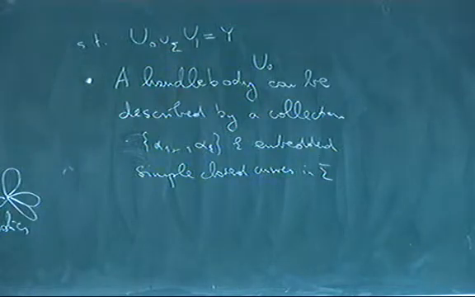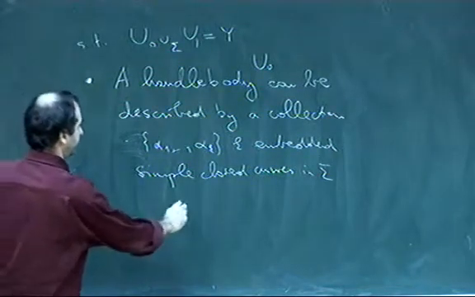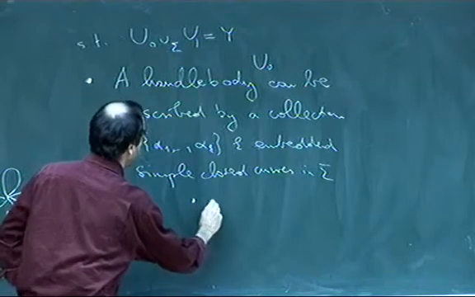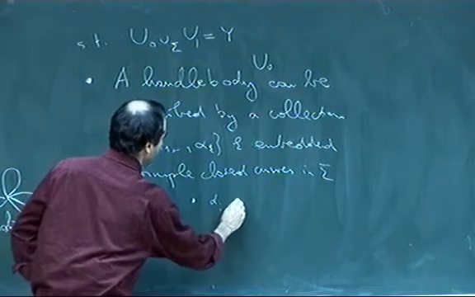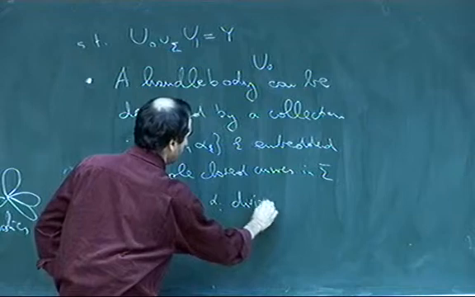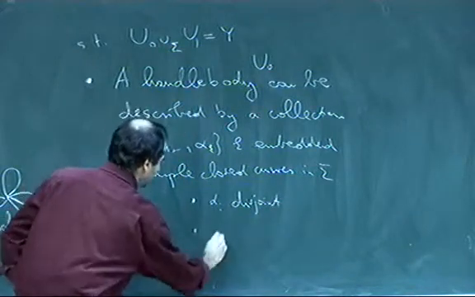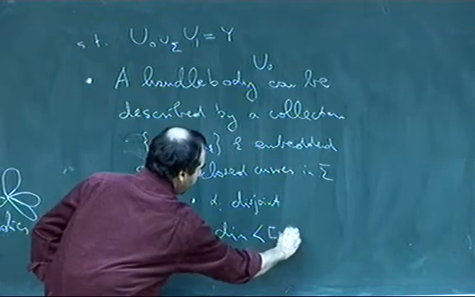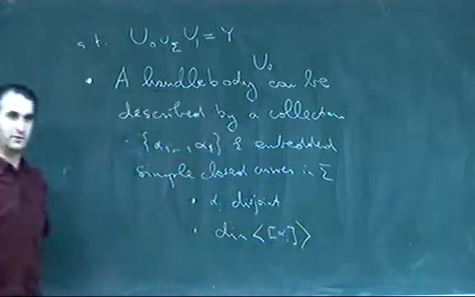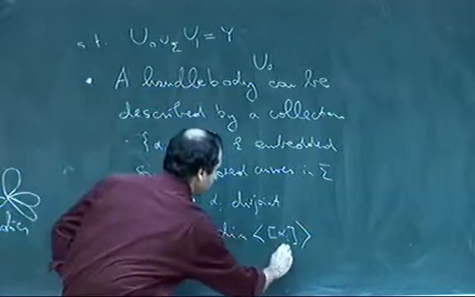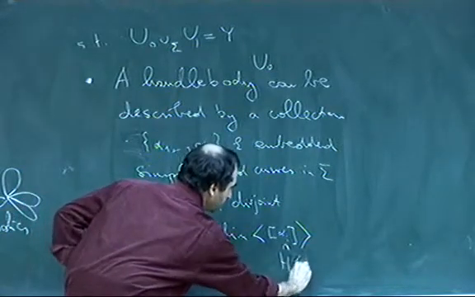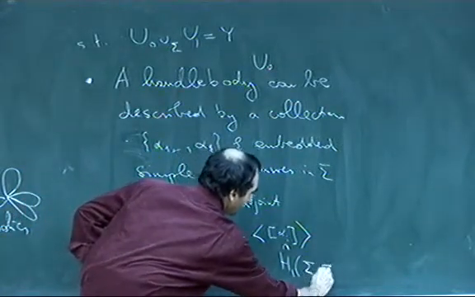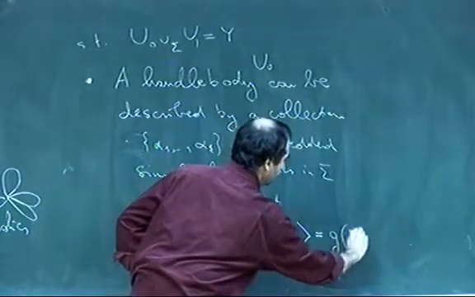We discussed that yesterday. I just repeat the properties we require. The alpha i should be disjoint, and the dimension of the subspace spanned by the homology classes of these curves in the first homology of sigma should be exactly the genus of sigma.